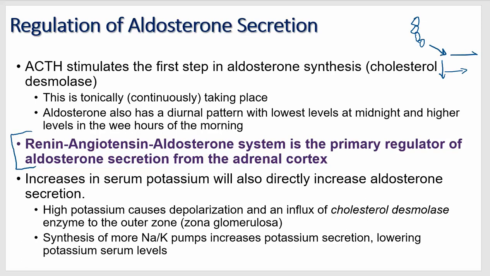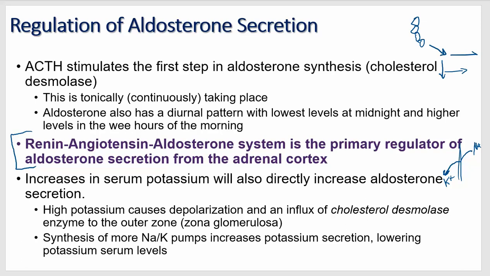And then if your serum potassium levels are high, okay, so if somebody has very, very high potassium levels, then increasing aldosterone activity is going to cause production of the sodium-potassium pumps. Okay, and so you're going to have more potassium into the urine, and reabsorption of more sodium. So that's what aldosterone is doing.